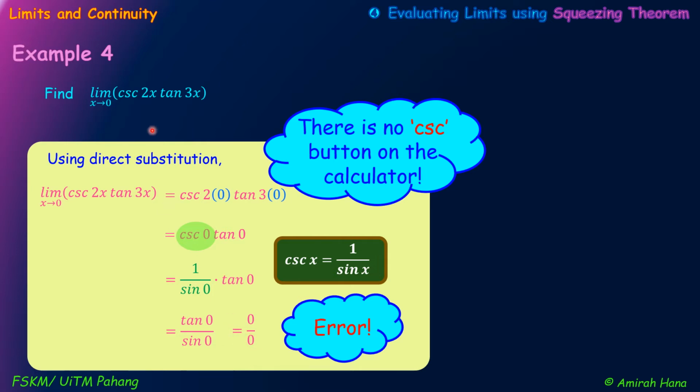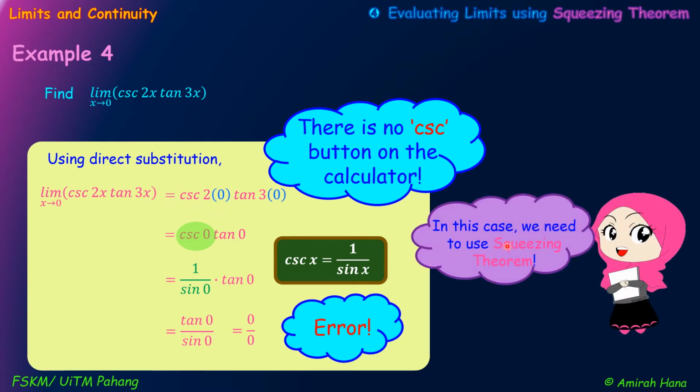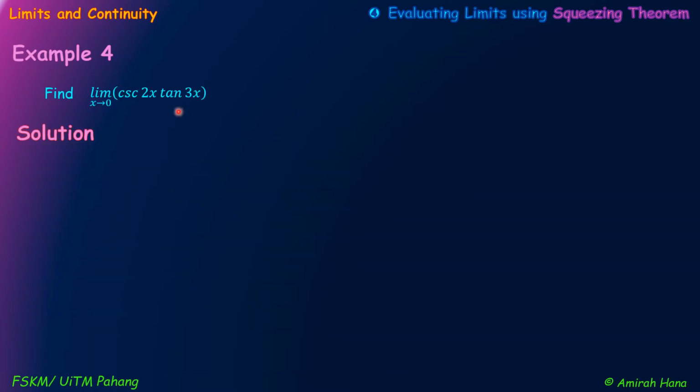So in this case, we cannot use direct substitution, but we need to use the squeezing theorem because the given functions here are trigonometric functions. As I said before, we need to use the squeezing theorem because the answer gives 0 over 0 when we use direct substitution. When we use the squeezing theorem, we need to refer to the angle of the trigo function, which is in terms of sine.